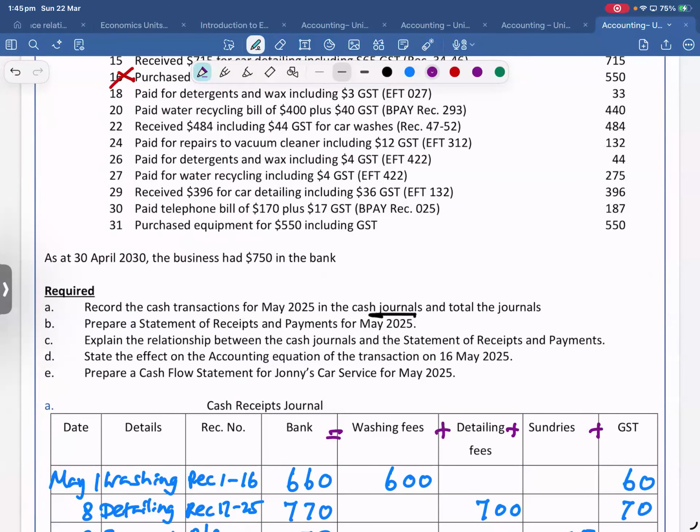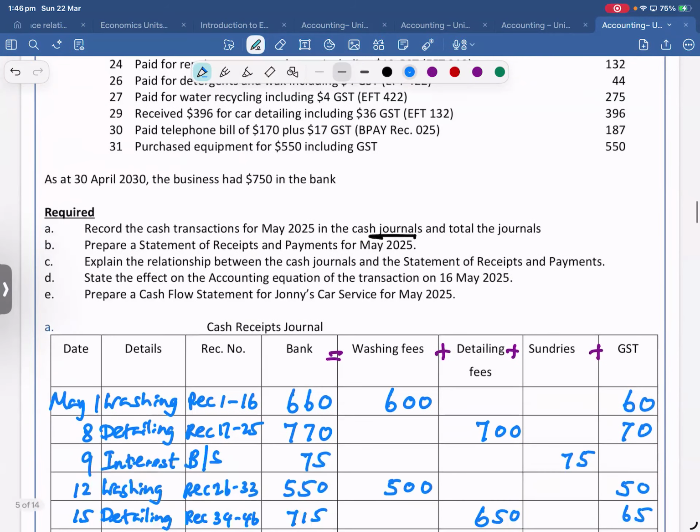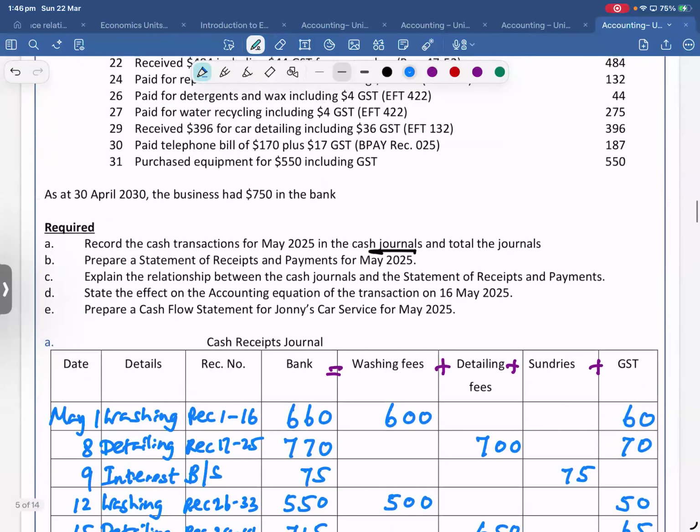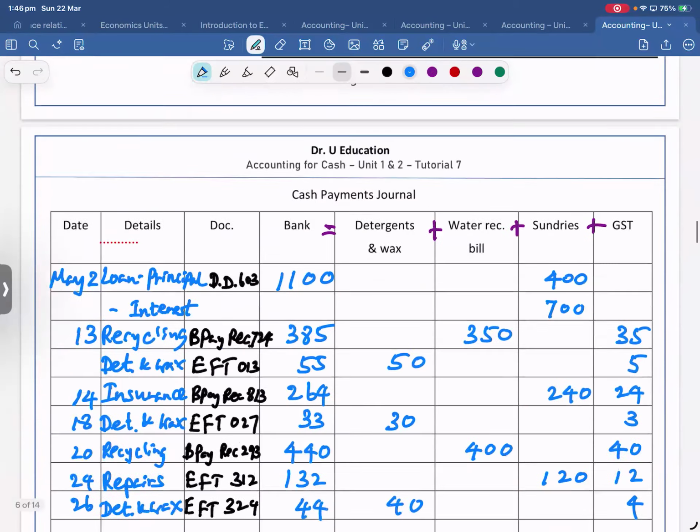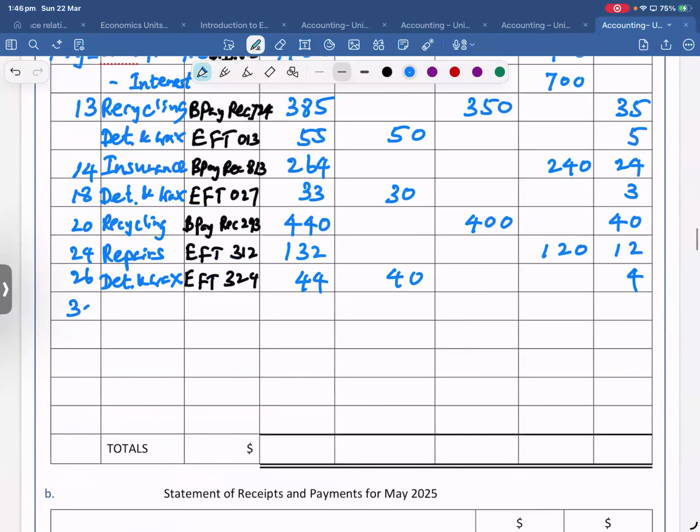Right. Pay telephone bill 170 plus GST, 187. Telephone bill 170. 30th. Telephone.